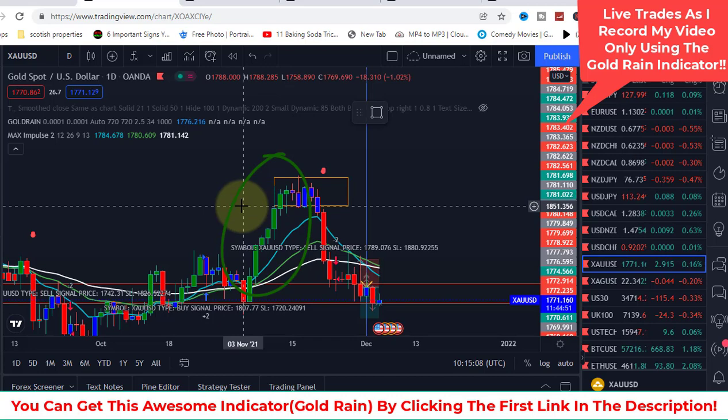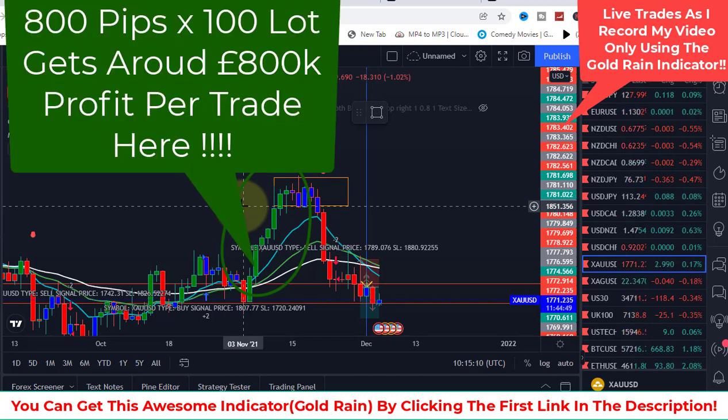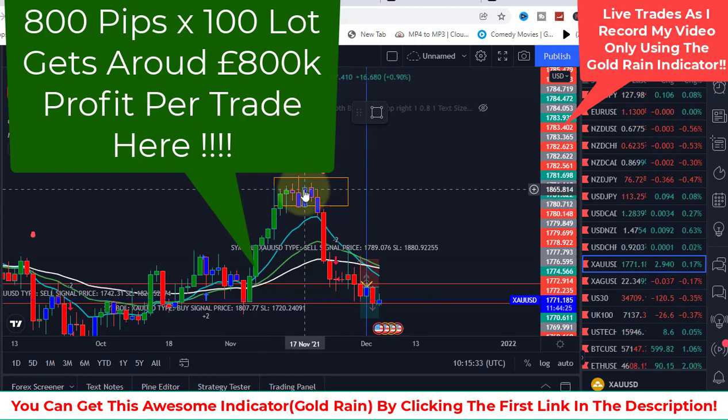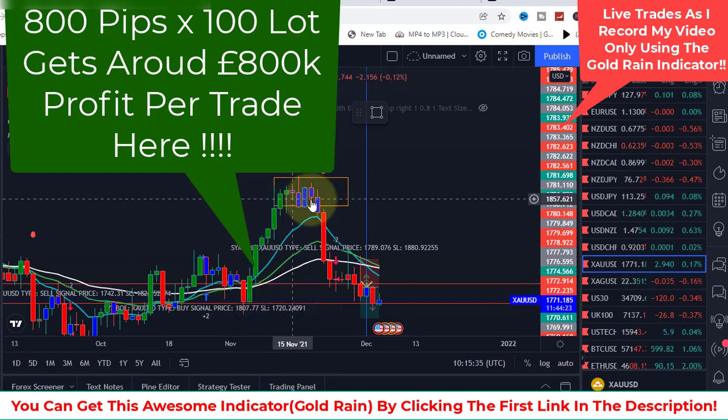So 800 pips with a 100 lot size, that's what, 80,000, if I'm right. 100 lot size, 800 pips. So depending on what lot size you choose, that's what you're gonna make.